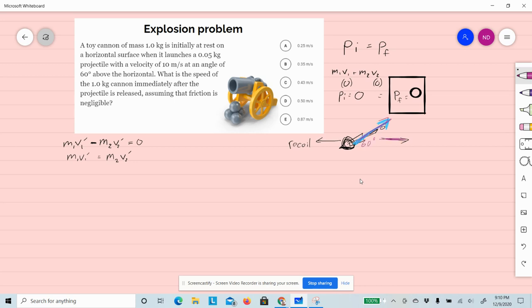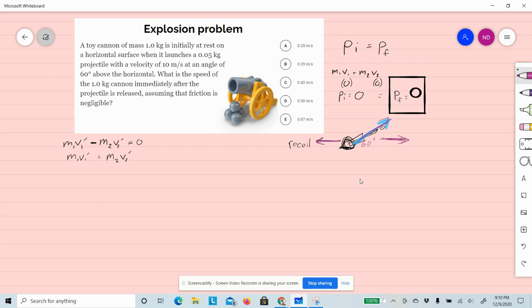So momentum is a vector. You've got to pay attention to just the x direction. Very confusing. We'll talk about this at the very end. But the momentum in the y direction is not conserved in this case. This thing fires up. I mean, the cannon will have to go down. But that's not happening.